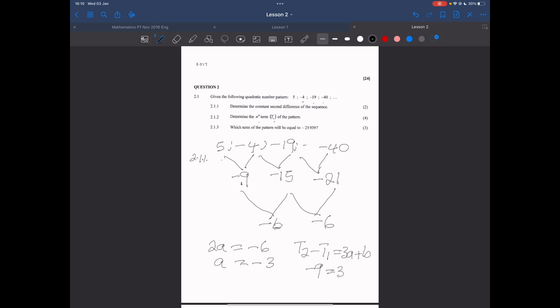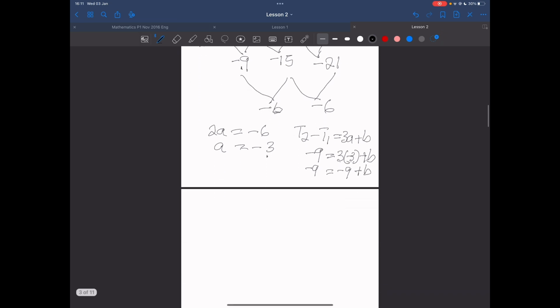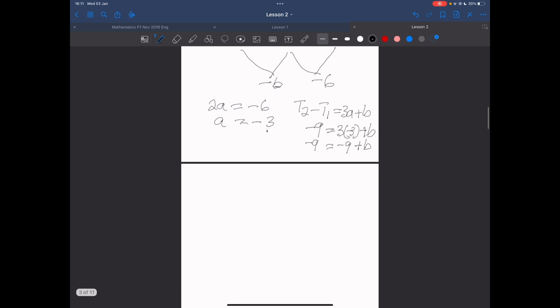And 3A, we calculated it here to be negative 3, plus B. So we are taking negative 3 times negative 3, which is negative 9, plus B. So when we move the 9 to the other side, it's going to be plus, giving us the value of B to be 0. So B is 0.